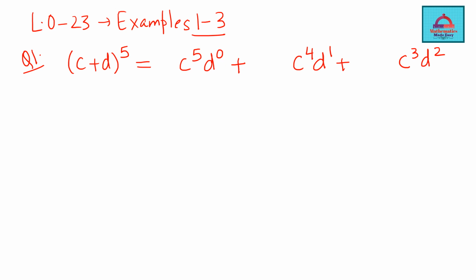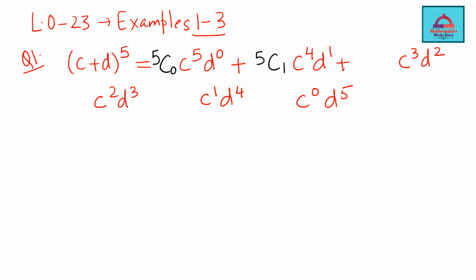The next terms are C2 D3, C1 D4, and C0 D5, the last term. Now their coefficients will be given by 5C0, 5C1, 5C2, 5C3, 5C4 and 5C5. Now we are going to just put the addition symbol.